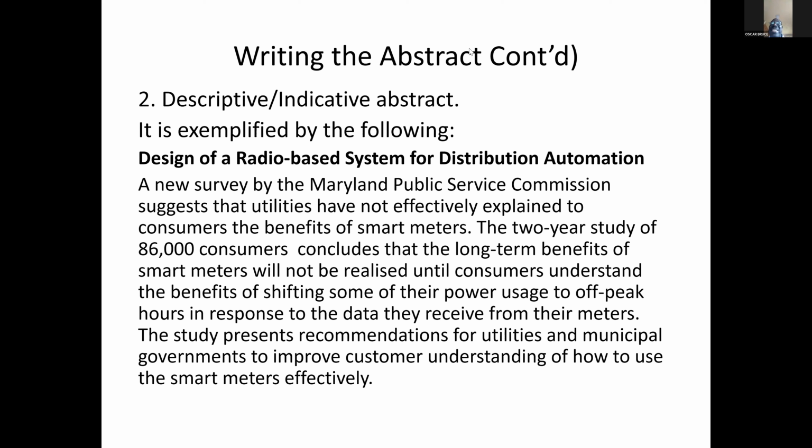So this is supposed to be an indicative or descriptive abstract written for a paper that is entitled Design of a Radio-Based System for Distribution Automation. In the first sentence, one can identify the method used for the study as well as its finding. Even in the first sentence, you have the method and then the findings.